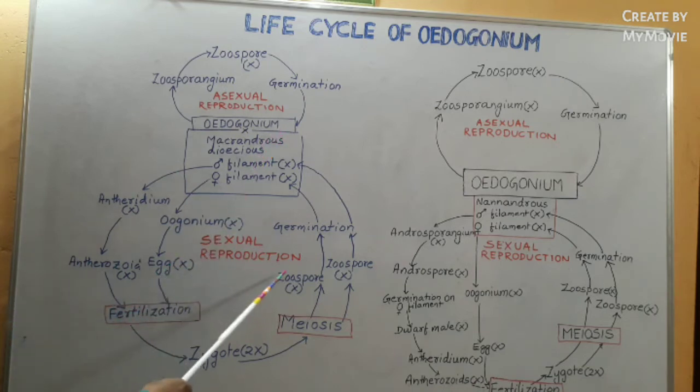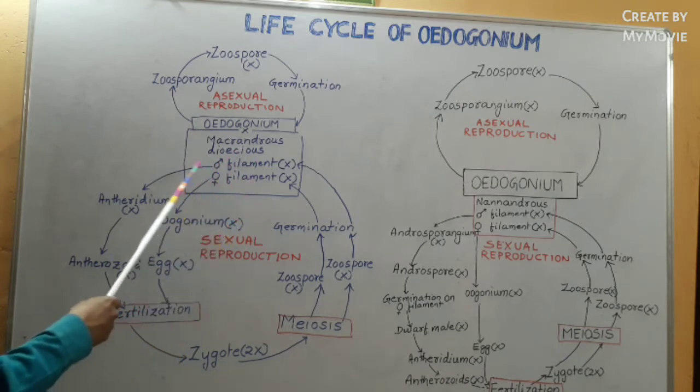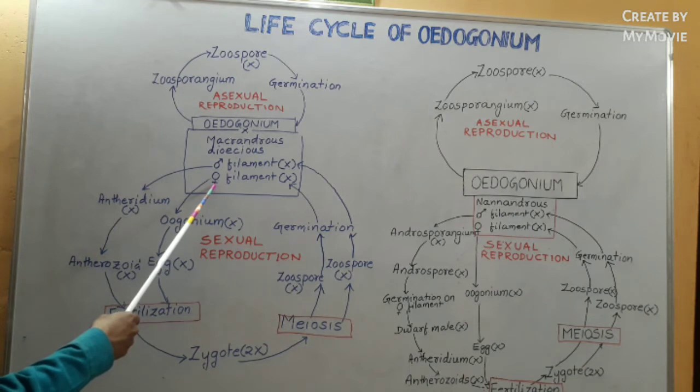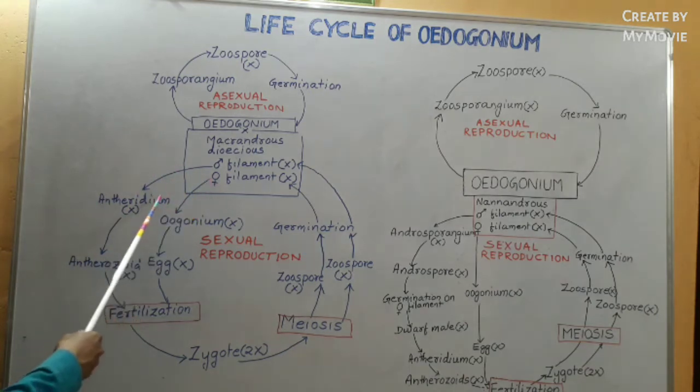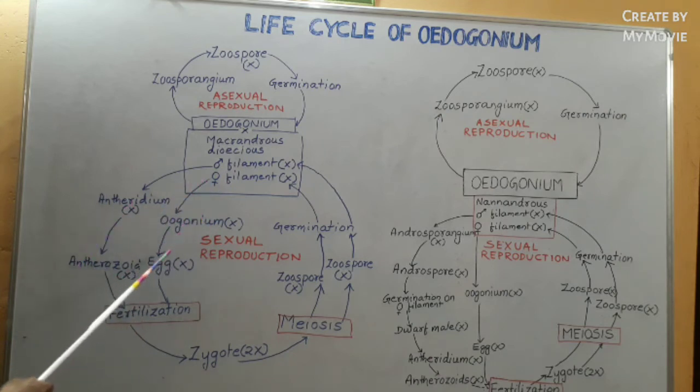Next, sexual reproduction. In Macrandrous dioecious species, one is male filament and other is female filament. Antheridium are borne on male filament and oogonia are borne on female filament. Antheridium produces antherozoid and oogonium produces egg. Fertilization occurs between antherozoid and egg that results in the formation of zygote, which is a diploid structure.